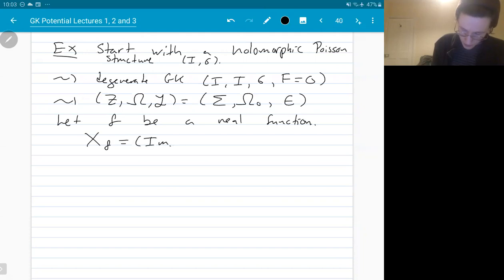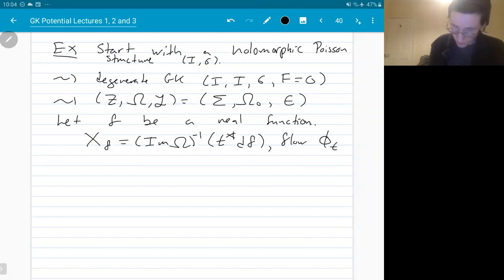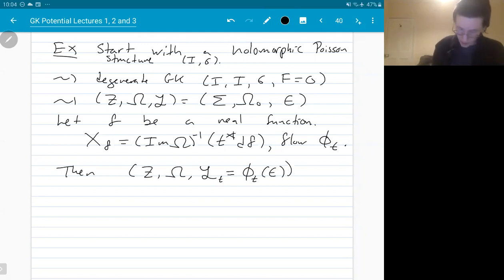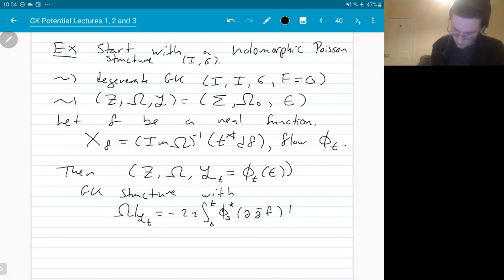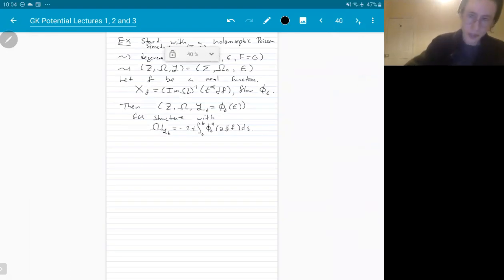And then we take the Hamiltonian vector field on the groupoid and take its flow phi t. Then we can deform the brane by just applying this flow to the identity arrows. And this gives us a GK structure where the two form is exactly this deformation. So I guess that's a special case of the one above.